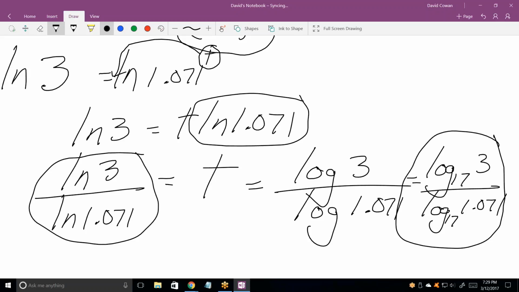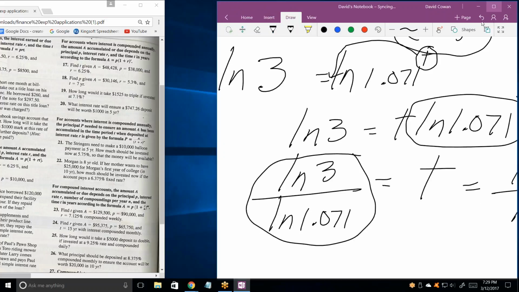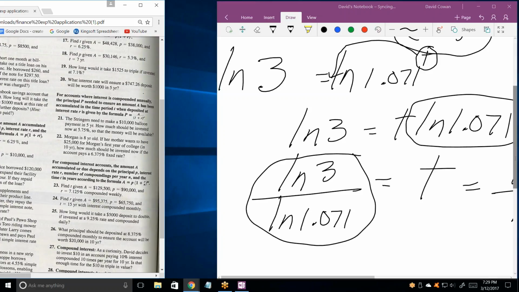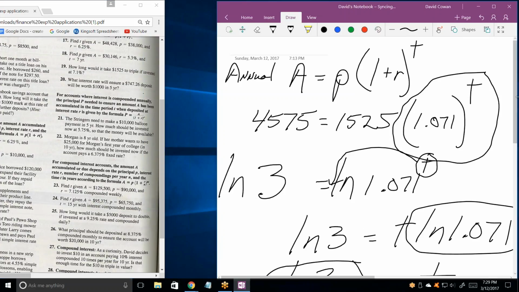I say that only partially in jest. It really is true. You got to think that at some point in time, why do we need to do all of this if the calculator can give us the answers? But there is a reason why. The purpose of math is not so much so that you know how to do stuff like this.